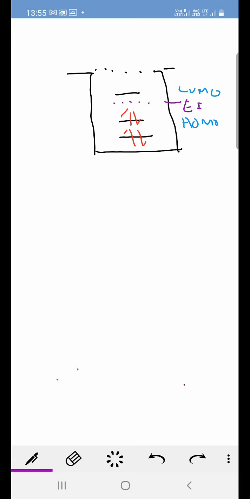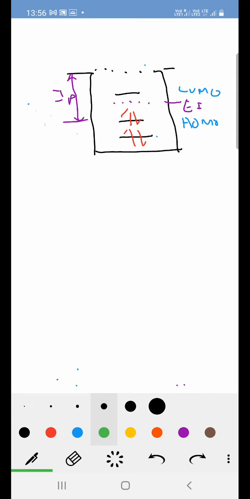So from the HOMO to the vacuum energy is your ionization potential.